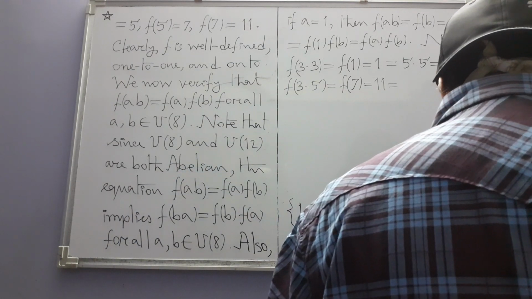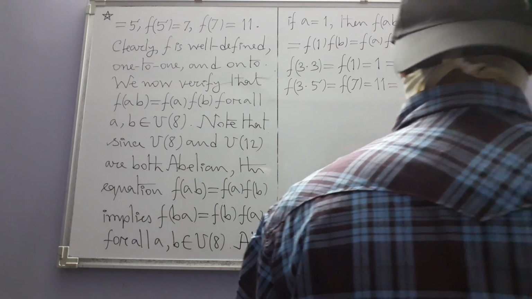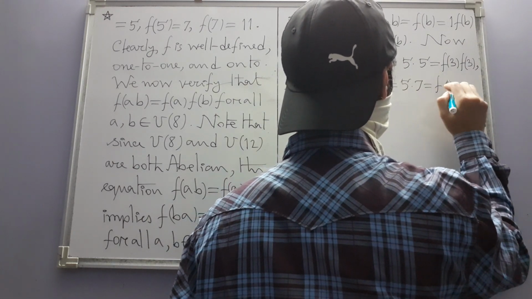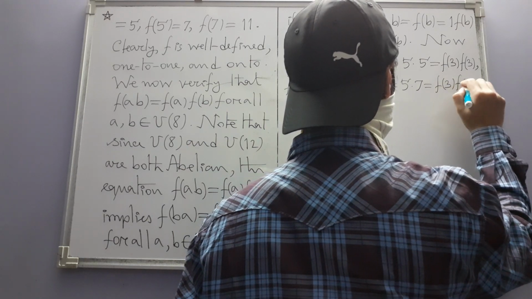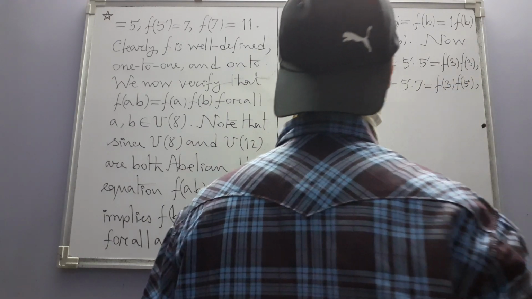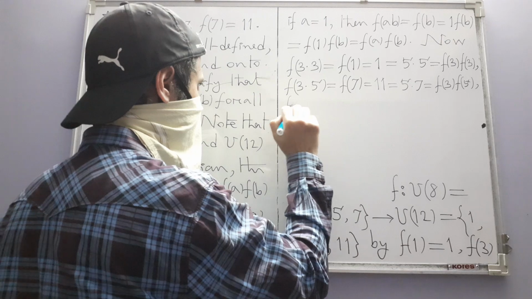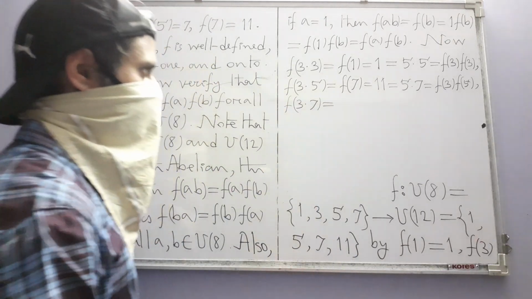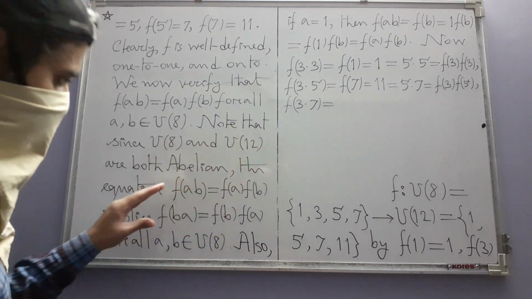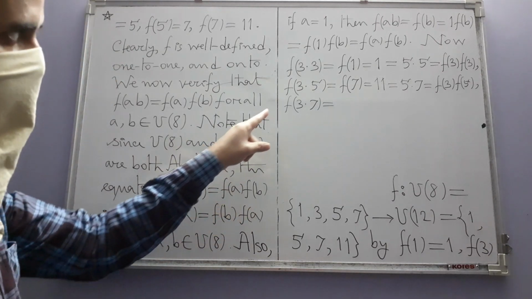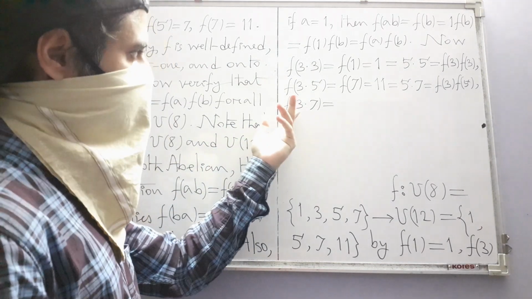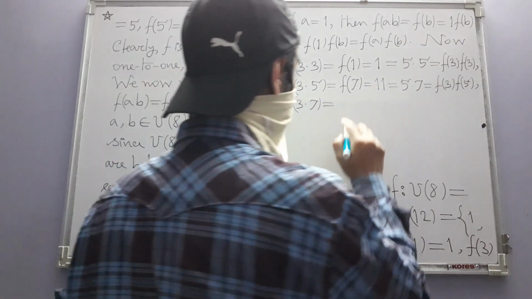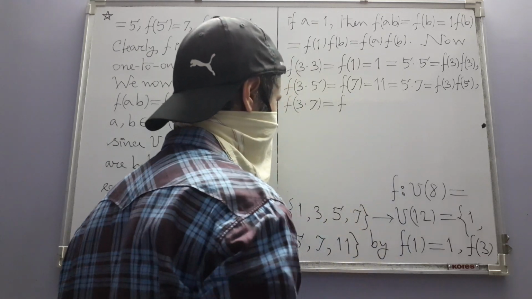In U12, 11 is 5 times 7, which is just f of 3 times f of 5. Then 3 times 7. Note that because of this fact, we do not have to again see what happens to f of 7 times 3. That's the advantage of having abelian groups.